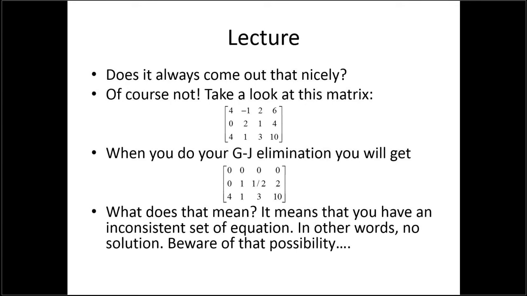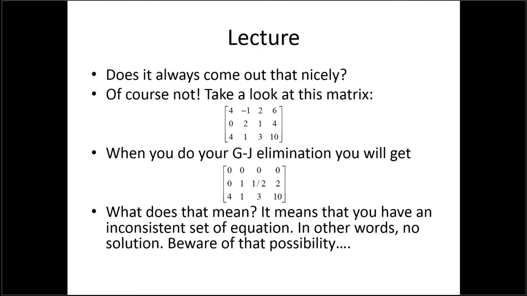And of course, that leads to the question: do we always get these really nice textbook problems with an answer that looks so lovely? The answer is no, we don't. The real world is a scary place. If you look at this one here, you get to the final form, and you have a row of zeros.